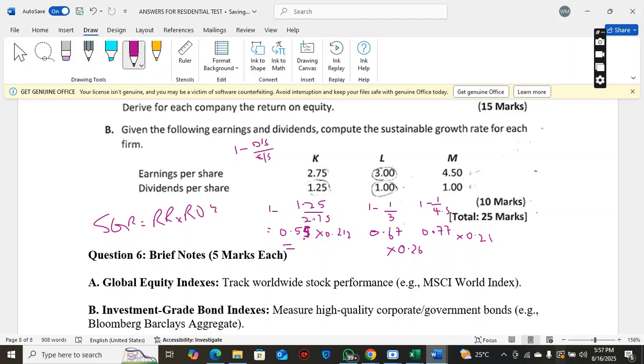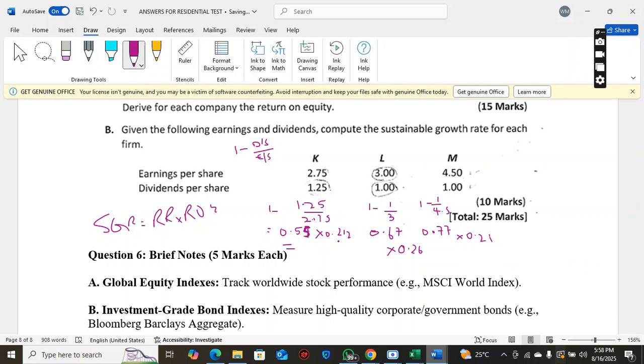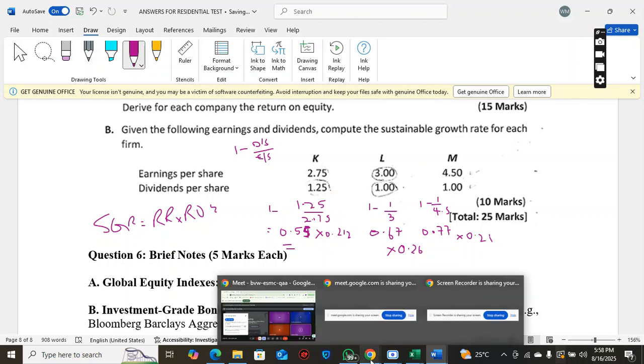For K, it's 0.55, and its return on equity is 0.212. Colleagues, none of you came with calculators?